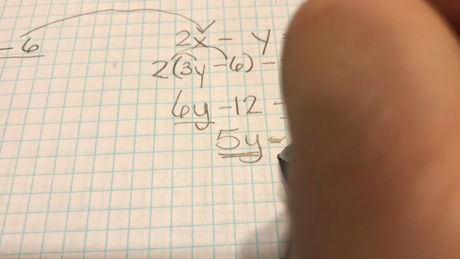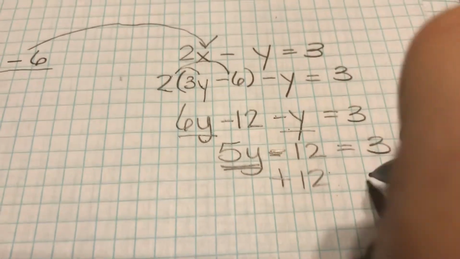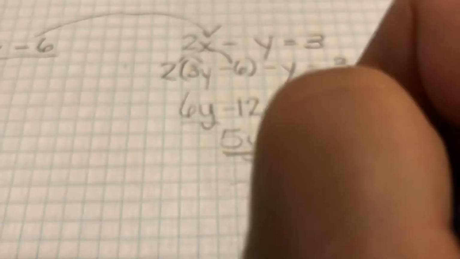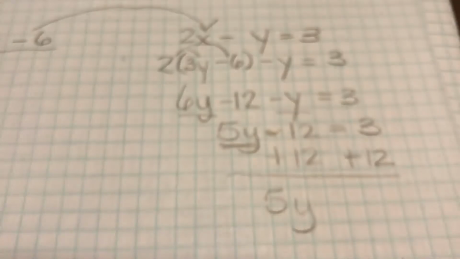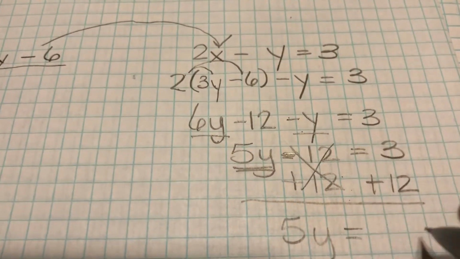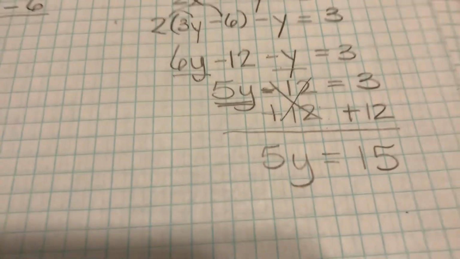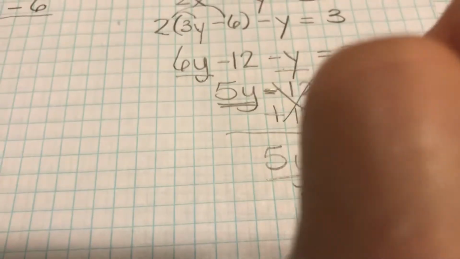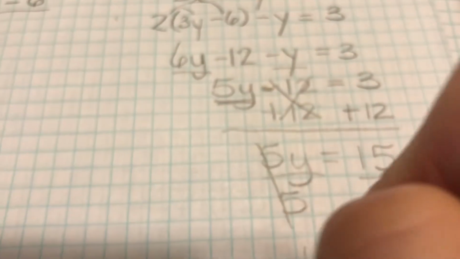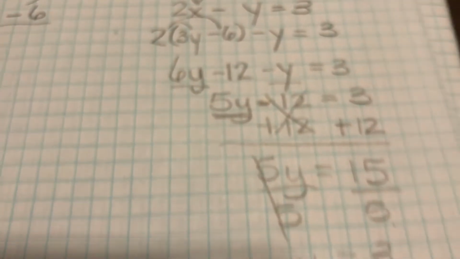So I'm going to get rid of that minus 12 by adding 12, the opposite, to both sides. Keep it balanced. The minus 12 is going to cancel out, and it's going to leave me with 5y equals 15. Then I'm going to divide by 5 to get that y by itself, and y is going to equal 3.